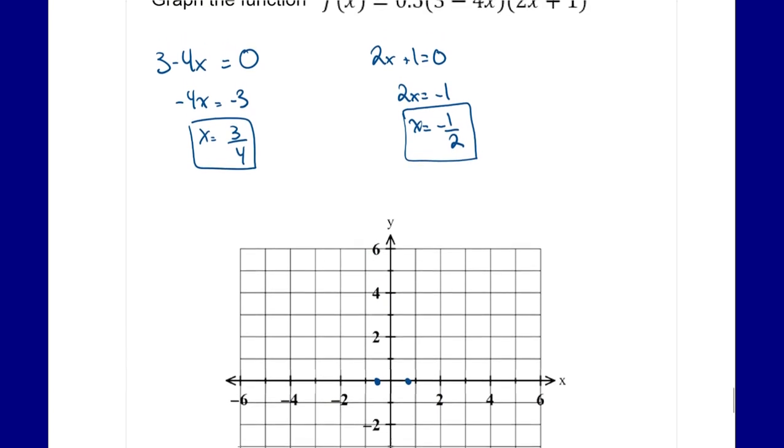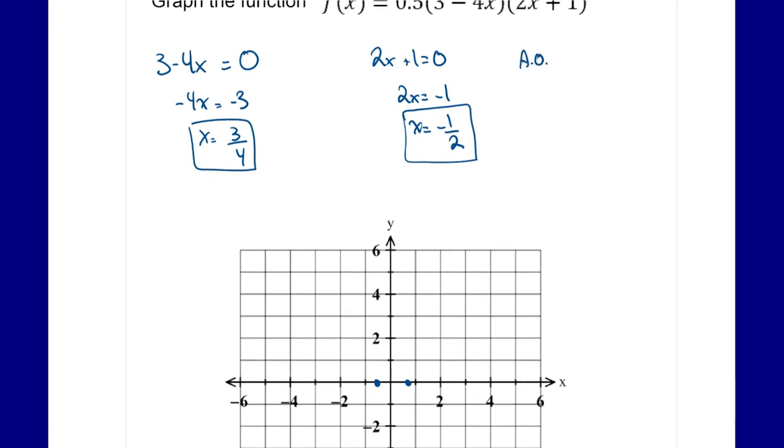Because they're not nice numbers, we can go through and calculate the axis of symmetry, which is just our two values. So 0.75 plus -0.5, and then divide that by 2. We get 0.25 divided by 2, we get 0.125.